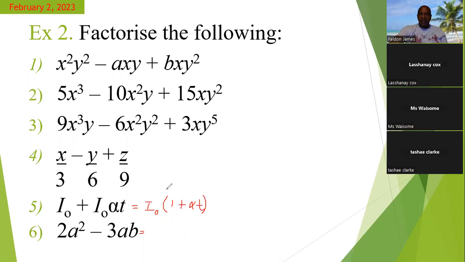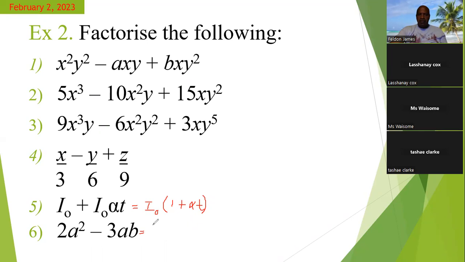All right, so it means that you don't have an HCF greater than 1. So 1 can divide 2, yes, and 1 can divide 3. But we also need to look at the letters. Do we see any HCF for the letters? Yes, sir. All right, so we choose the lowest power of the common letter.